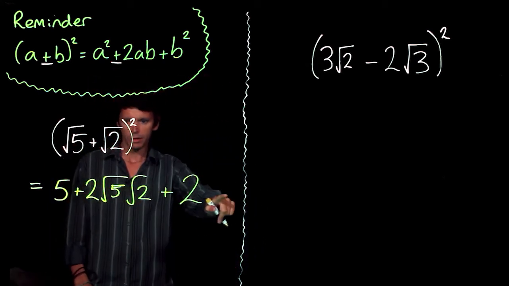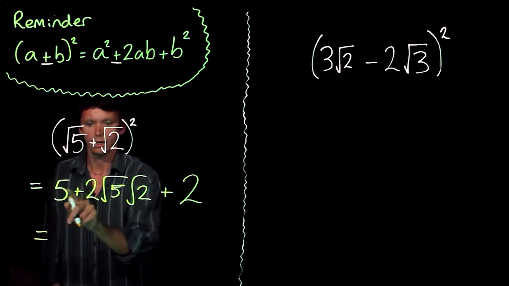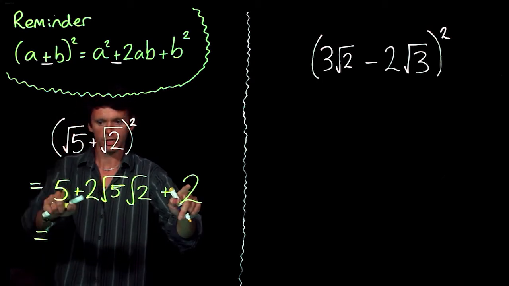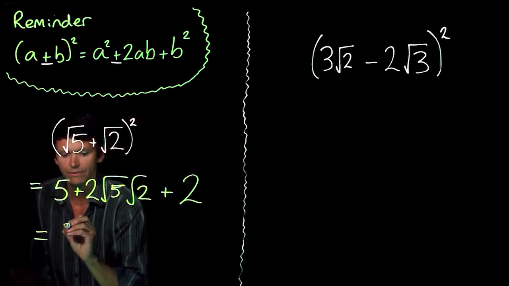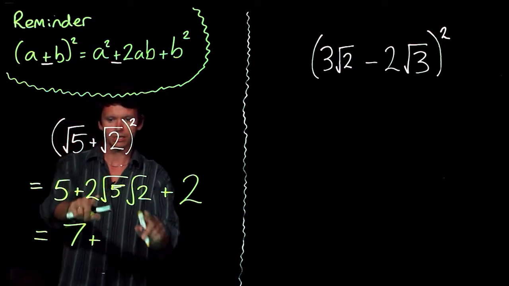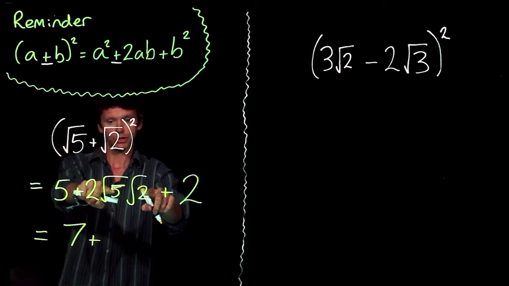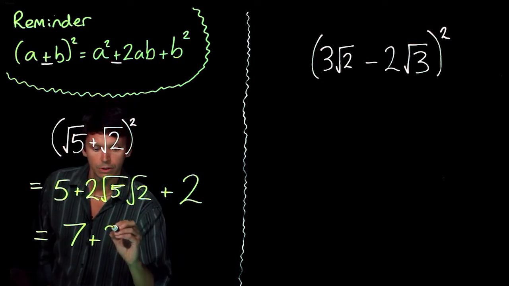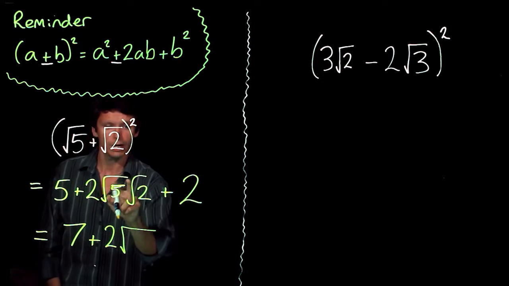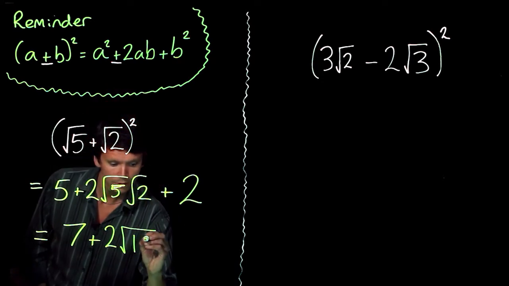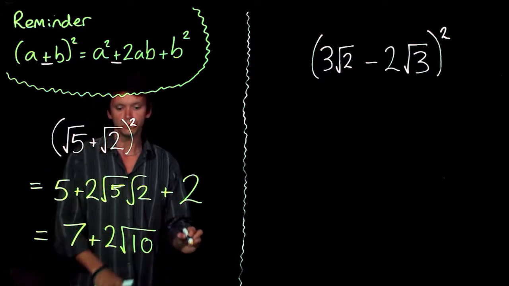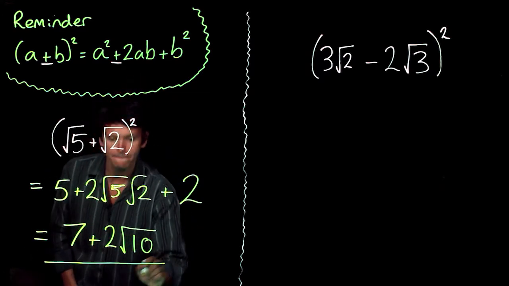We can tidy this up a little bit here. If we look at our integer numbers, our rational numbers, we've got 5 and 2, that is 7, plus, what do we have here? 2 times root 5 times root 2. We know that that is 2 times the square root of 5 times 2. So we have 7 plus 2 root 10.